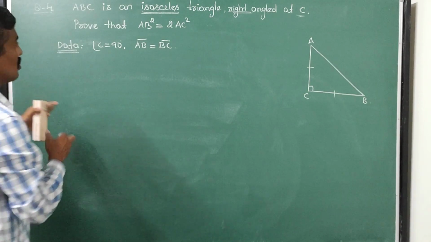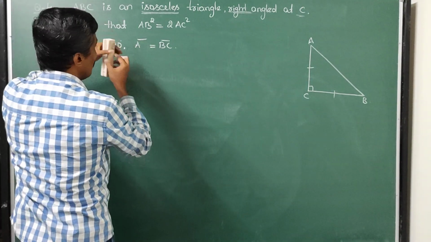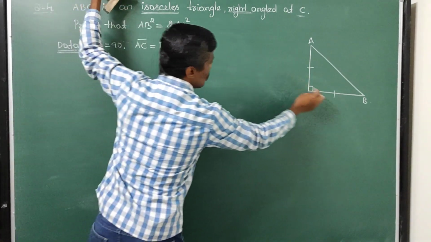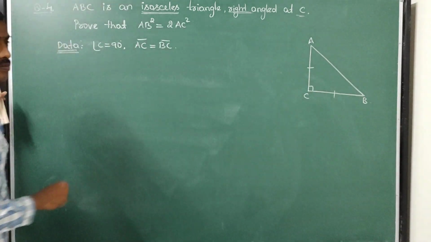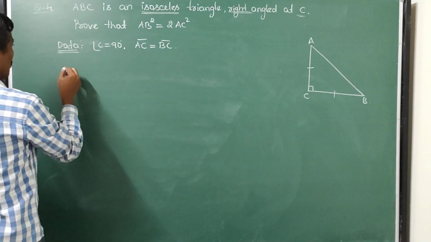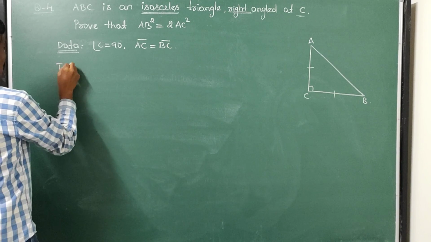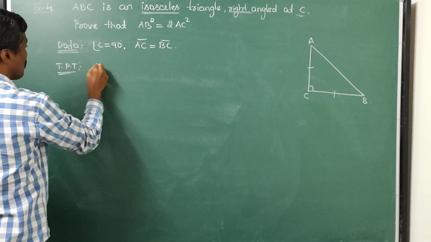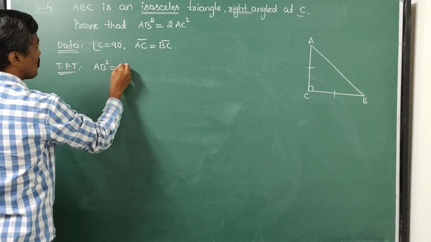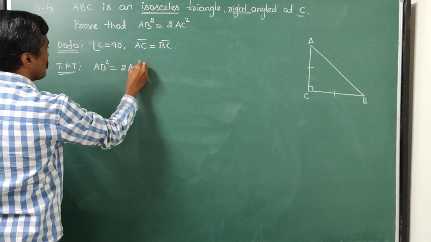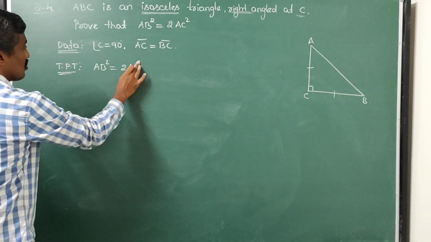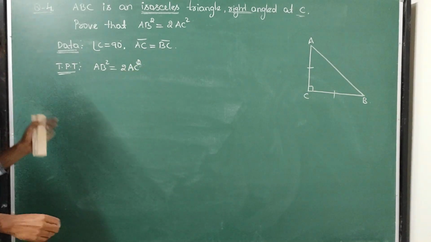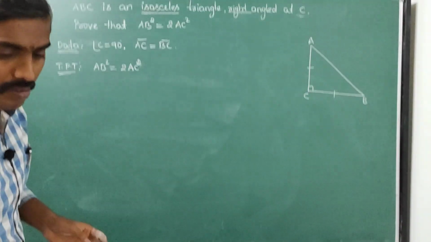AB is the hypotenuse, AC and BC are equal, isosceles triangle. Next, what we have to prove by using this data: AB square is equal to 2AC square. So squares are there on the sides, then directly we have to apply the Pythagoras theorem.